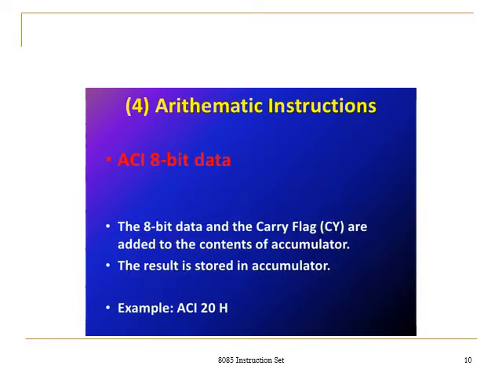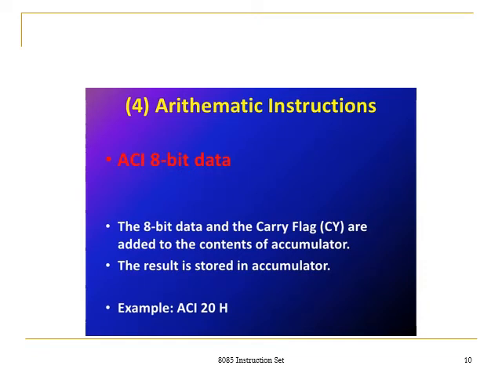The next arithmetic instruction we are going to see is ACI. ACI stands for add immediately the 8-bit data along with carry to the accumulator. The 8-bit data and the carry flag are added with the accumulator content. The result is stored in the accumulator.